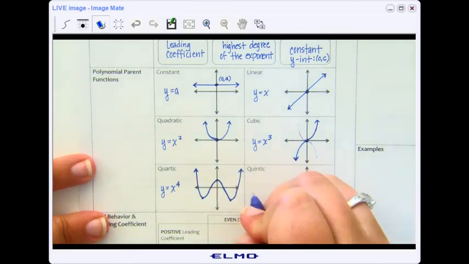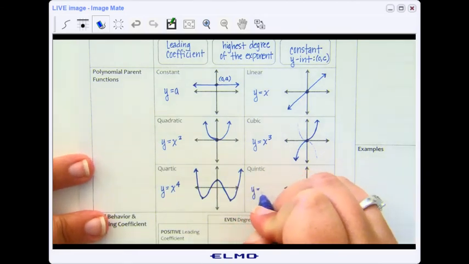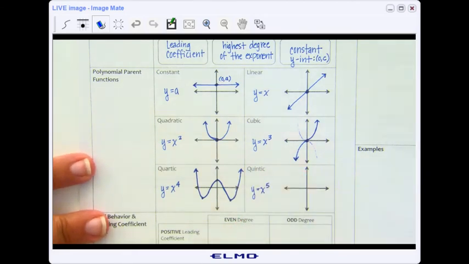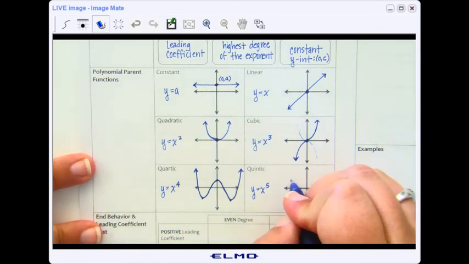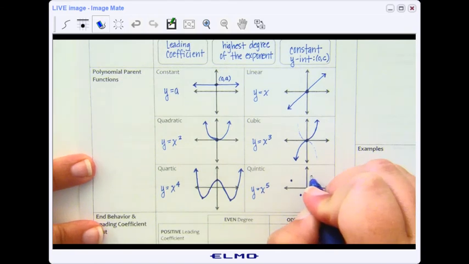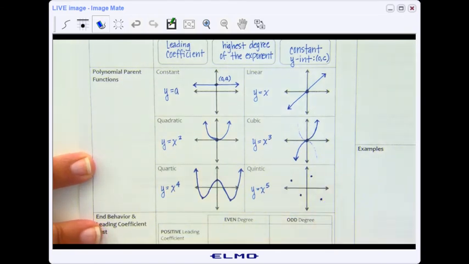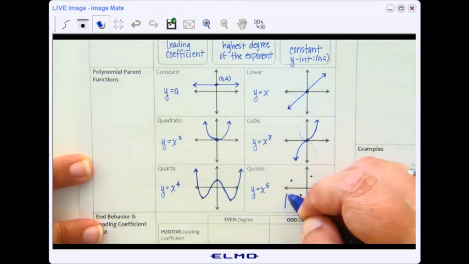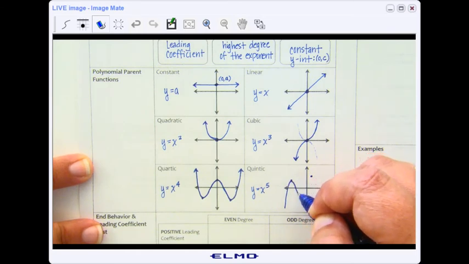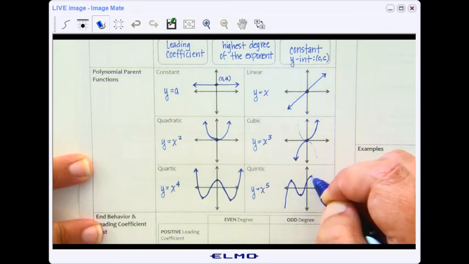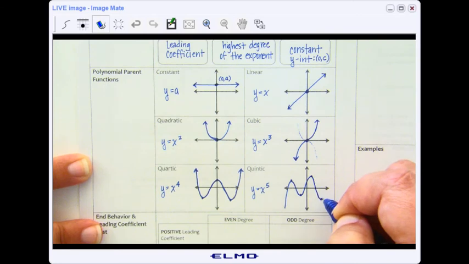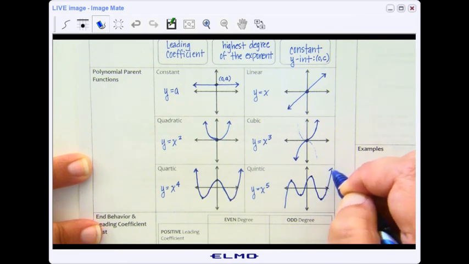And quintic functions are of degree 5, and they're going to have 4 turning points. So to exaggerate the shape of our graph, we're going to come up, hit a turning point, down, hit a turning point, up, hit a turning point, and hit one more turning point and go back up.